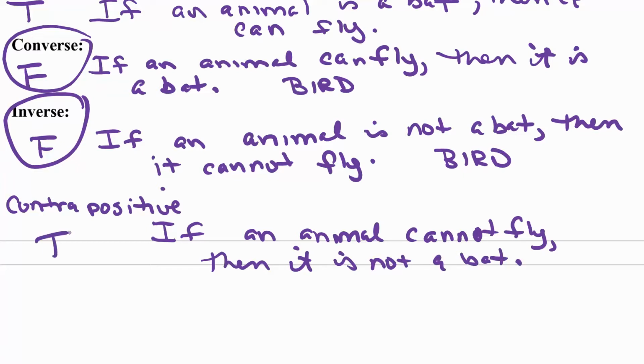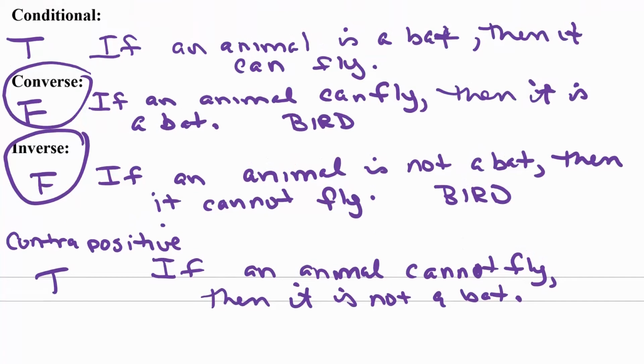And that would be true because a bat has to fly. Again, that fits the fact that our conditional and our contrapositive have to be the same truth value. Our converse and inverse have to be the same truth value.